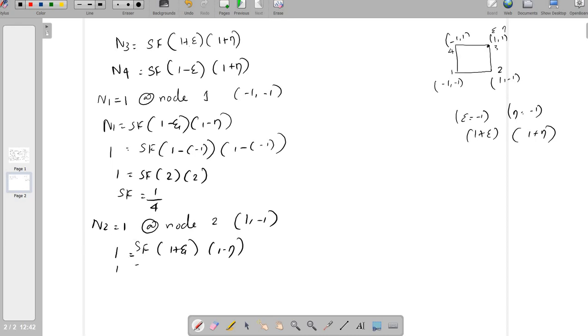I substitute the coordinates: 1 is equal to scale factor into 1 plus 1, 1 minus of minus 1. Again you are getting 1 is equal to scale factor of 2 into 2. So the scale factor is equal to 1 by 4. It is the same for all nodes, which are symmetrical about the x and y axes. So you will get this same scale factor.